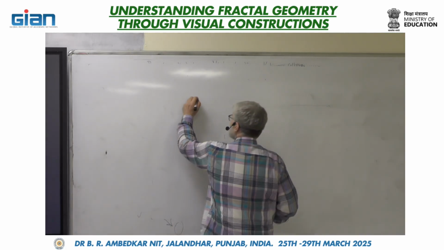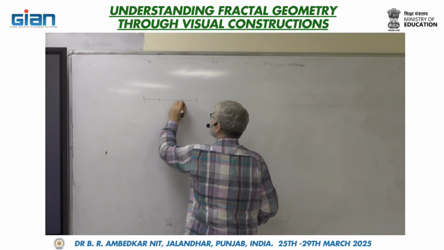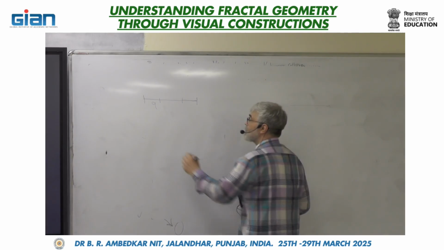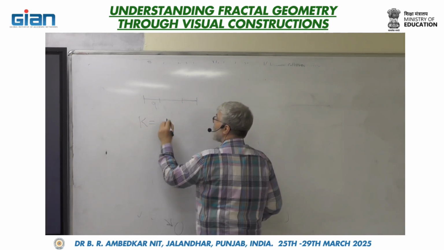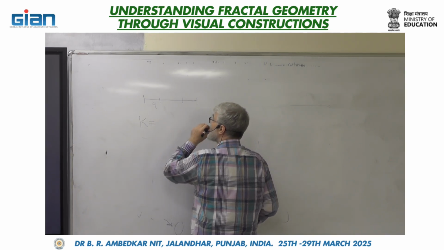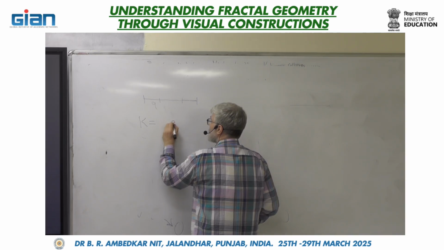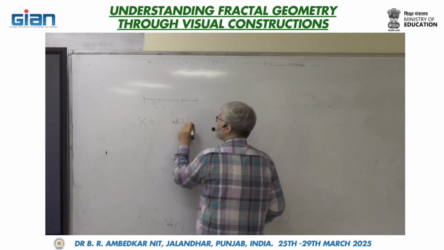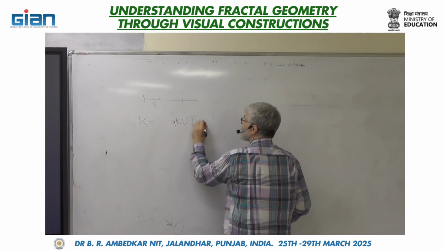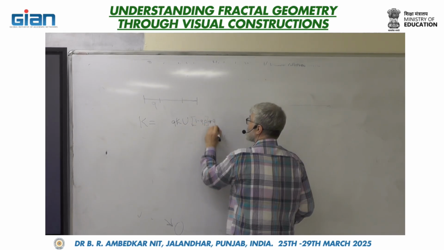For example, suppose we have a Cantor set with a ratio q, a q-Cantor set. K is qK union (1 minus q) plus qK, right?